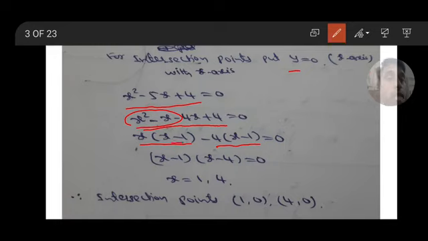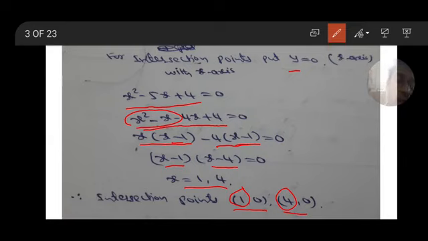So x minus 1 is common: x minus 1, x minus 4, that is x equals 1, 4. Therefore the intersection points are (1, 0) and (4, 0), meaning x equals a, x equals b. X equals a means 1, x equals b means 4.